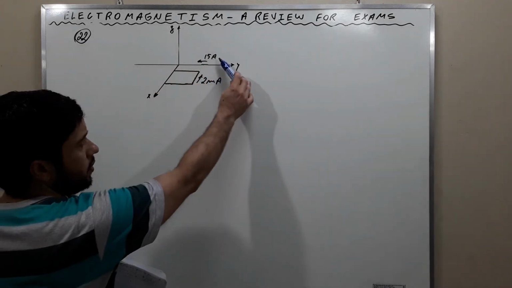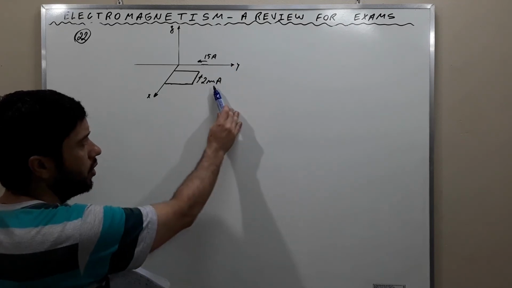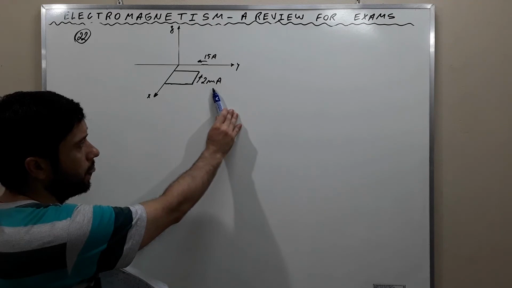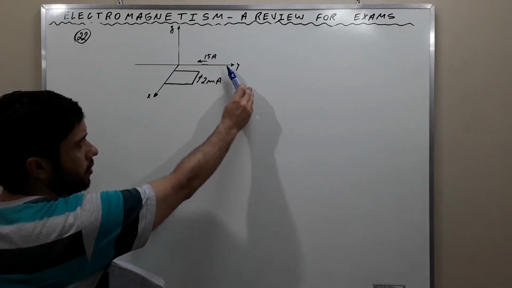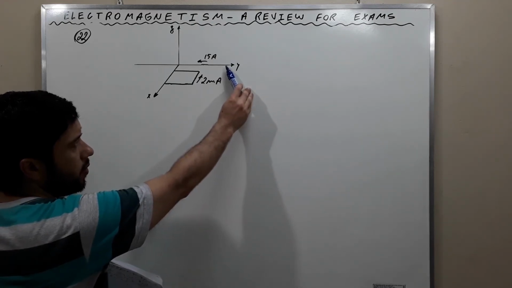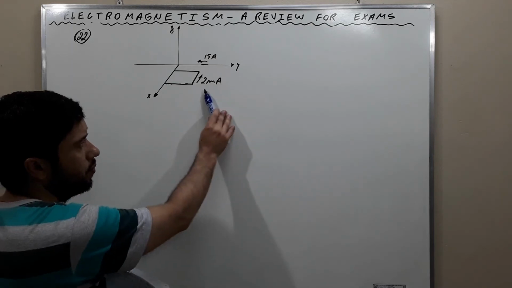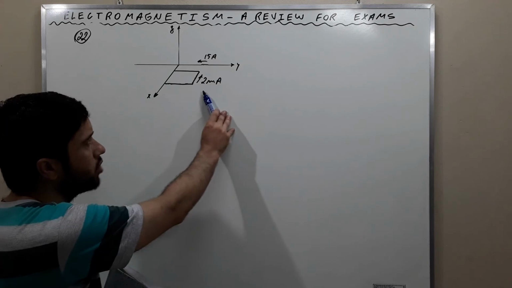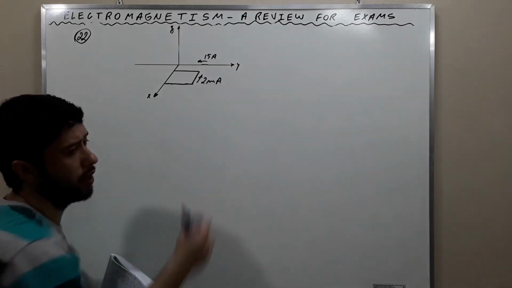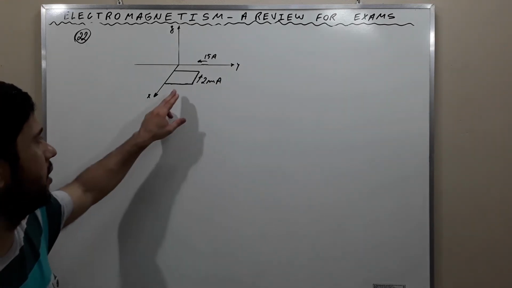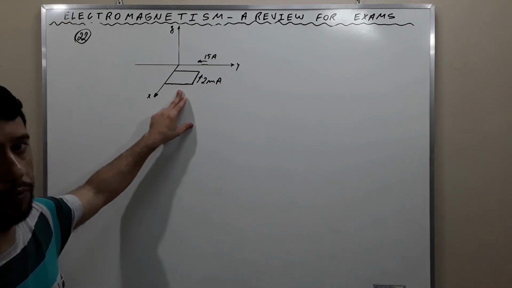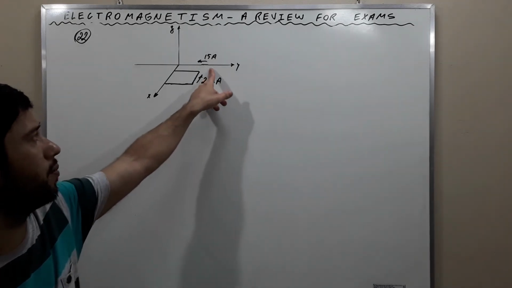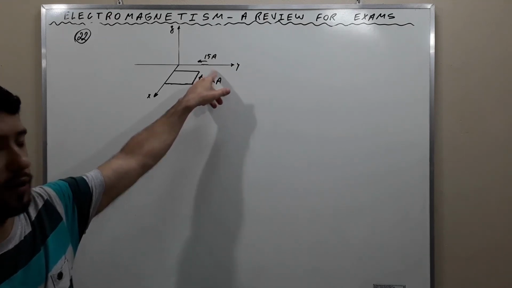Observe that this current is much greater than this current here. Alright? Then the magnetic field created by this current here is much stronger than the magnetic field created by this current here. And we are going to understand the problem as this square loop of wire immersed in the magnetic field created by this current here.